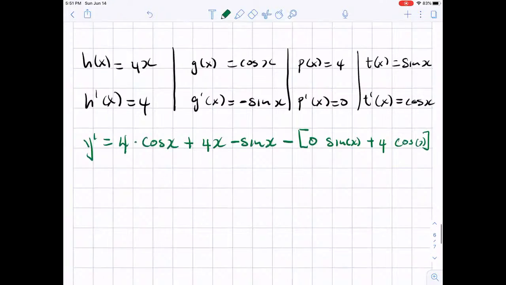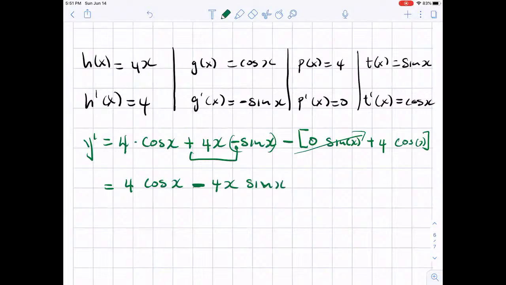If we simplify, this goes away to 0. This becomes 4 cosine x, and when you multiply this minus and this plus, this becomes minus 4x sine x.